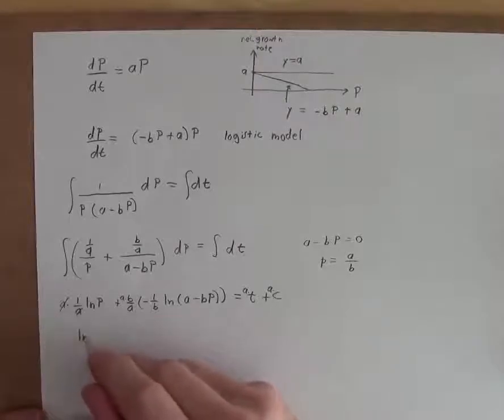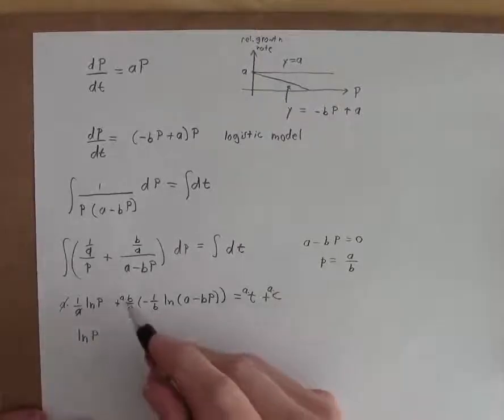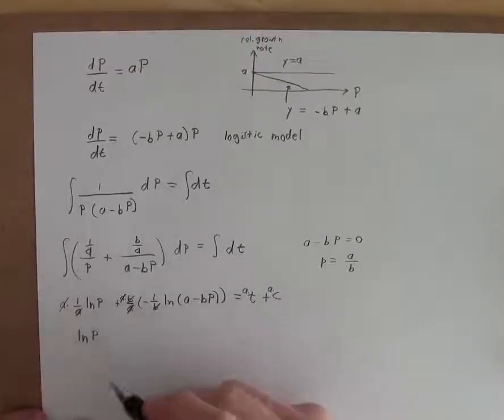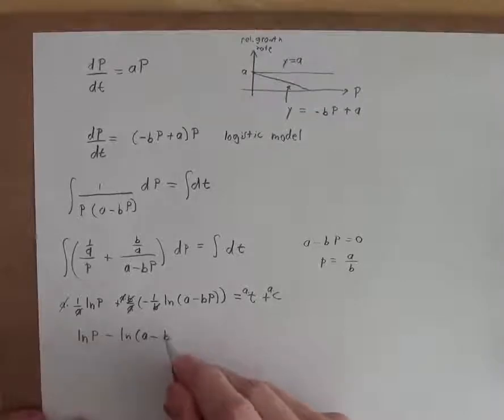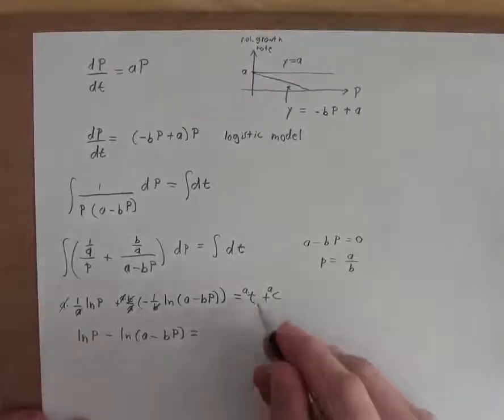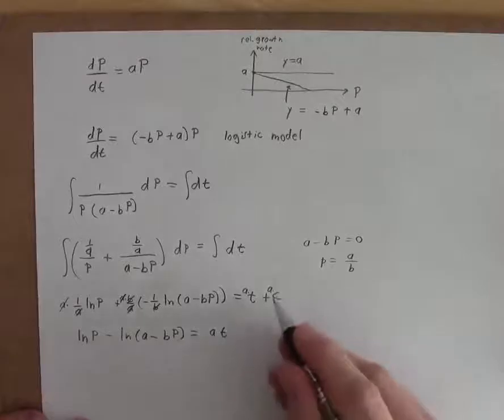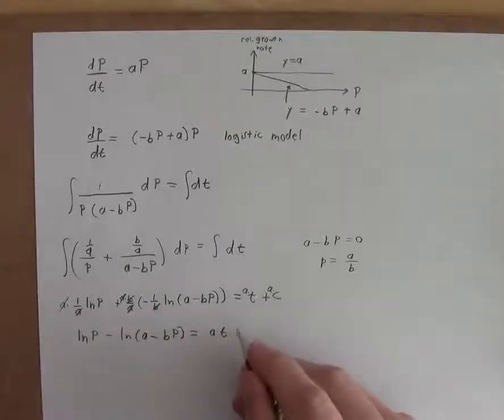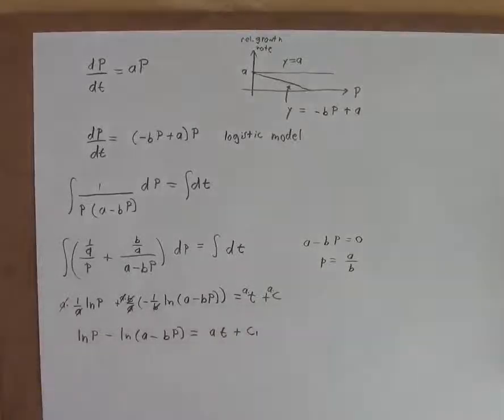We'd have the logarithm of p, and then we reduce the a's, reduce the b's. So that's minus logarithm of a minus bp equals at. Now we have a times c. Now both a and c are constants. So let's just make that into a single constant, and we'll call that c1.